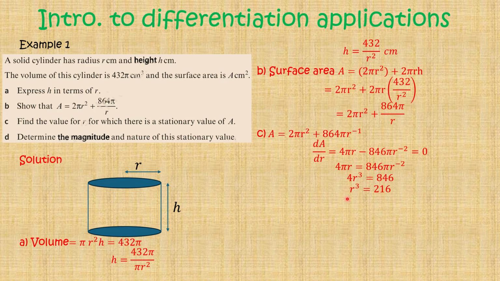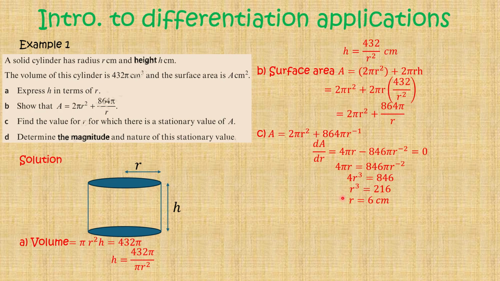Then simplifying further, we are going to get r cubed is equal to 216. Implying that if we introduce the cube root on both sides, we end up having r is equal to 6 centimeters. So now it implies that this is where we get the stationary point, where r is equal to 6.